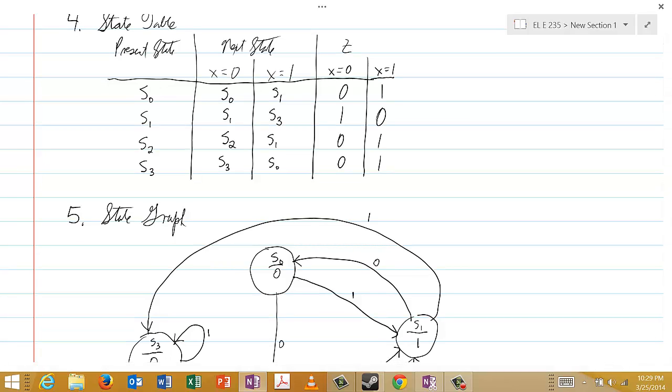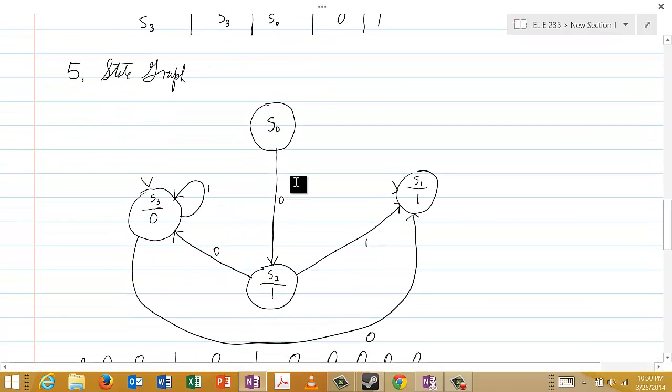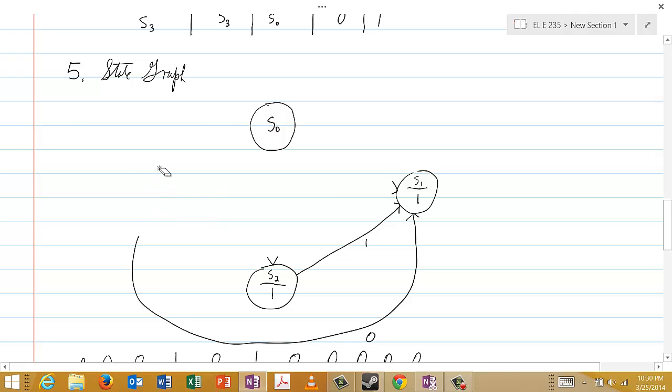So now we will draw our state graph for this problem. And now things will look a little different from the way they did before, because this is, after all, a Mealy machine rather than a Moore machine. So let's get rid of this.